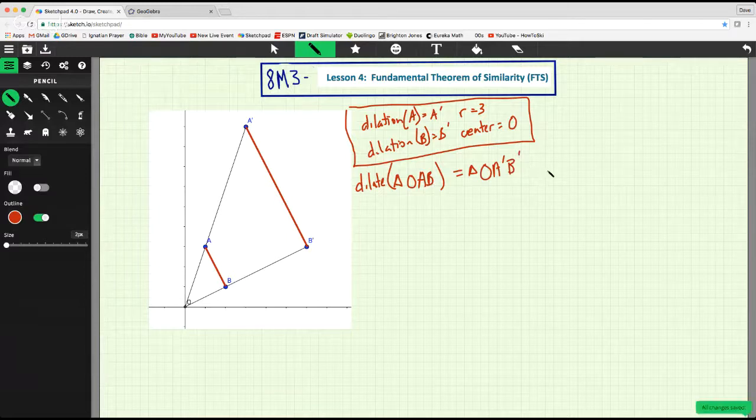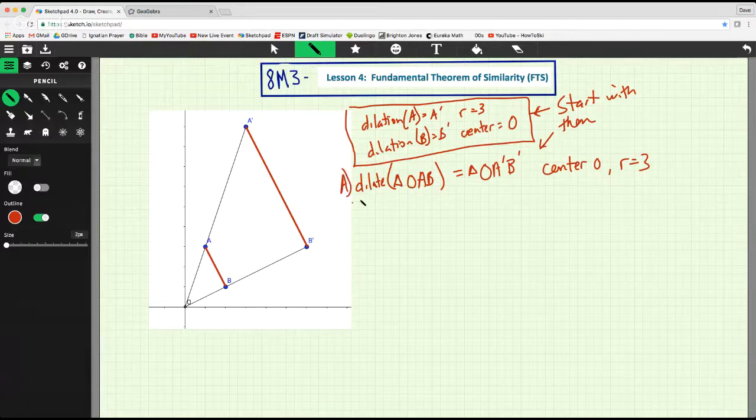If I dilate it using center O and R equals 3, then I get this triangle. So let's watch how this happens, because if I start here, this is what I start with, then this is true. This is like step 1, step A.